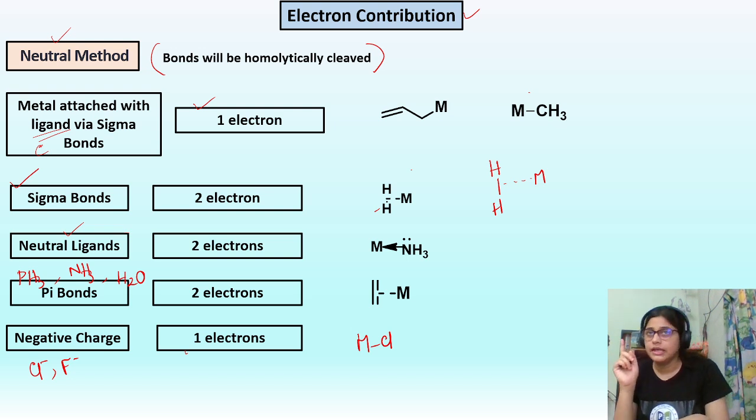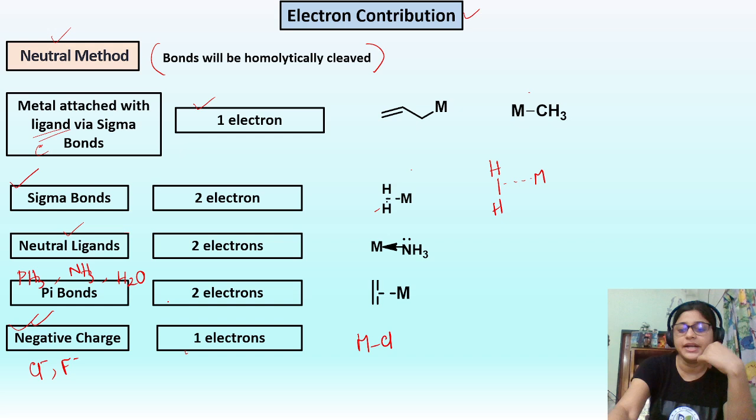Neutral ligands donate through the lone pair, so the contribution is 2 electrons. Pi bonds have 2 electrons, so 2 electrons. For the case of a negative charge, it is very important because you can be confused here: one negative charge means 1 electron will be contributed, right?